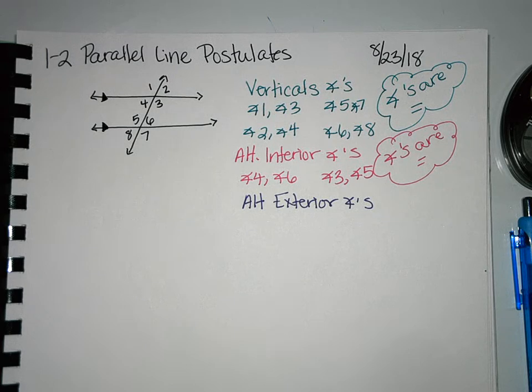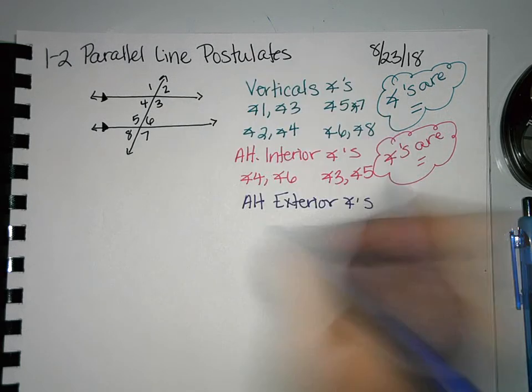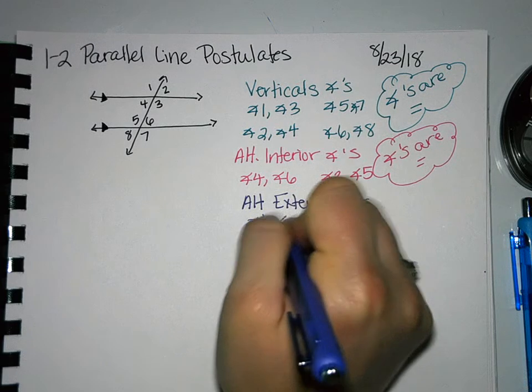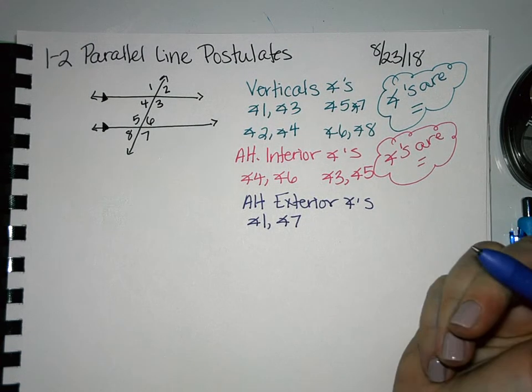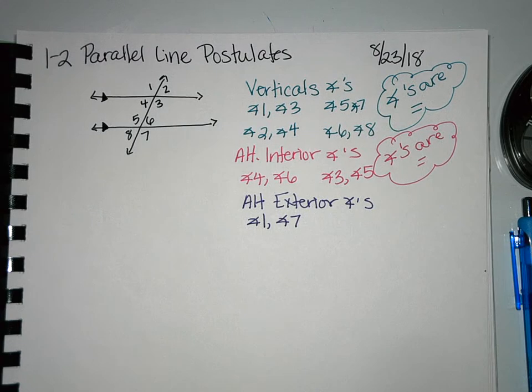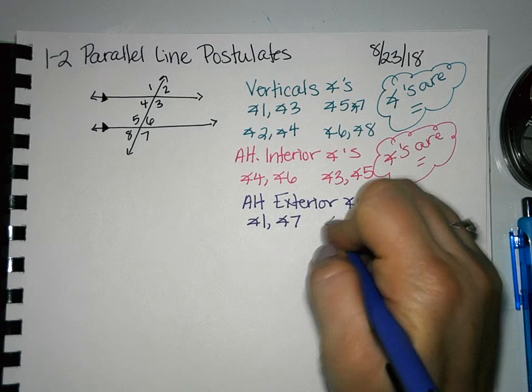Close. Okay, think of the word alternate, they have to be on alternate sides. So 1 and 7, thank you. Aliana? 2 and 8. And then 2 and 8 would be the other one.